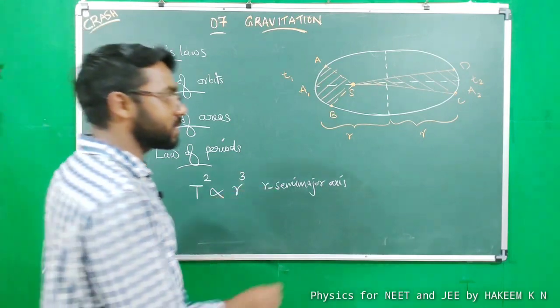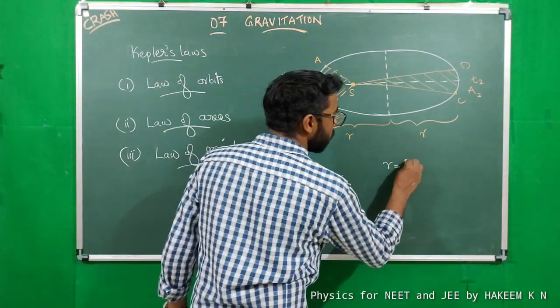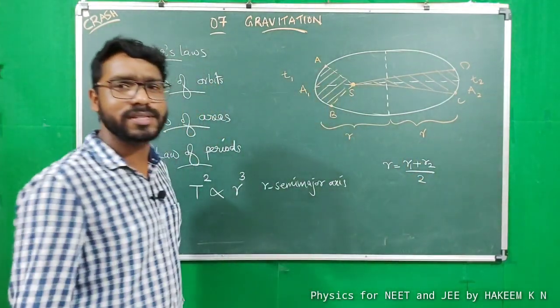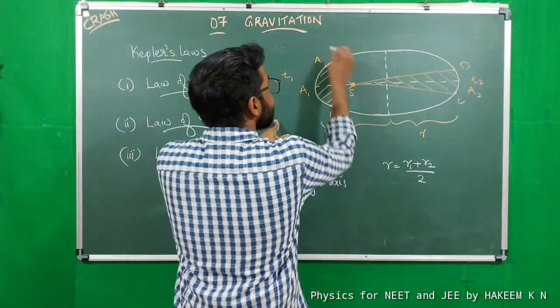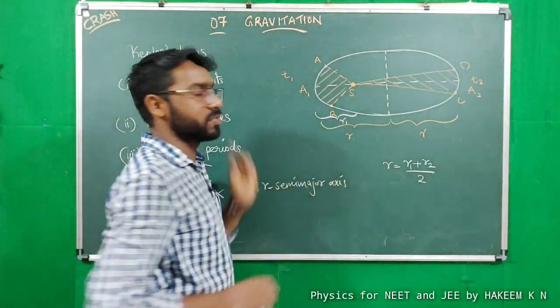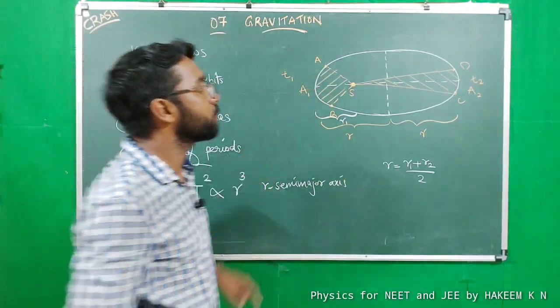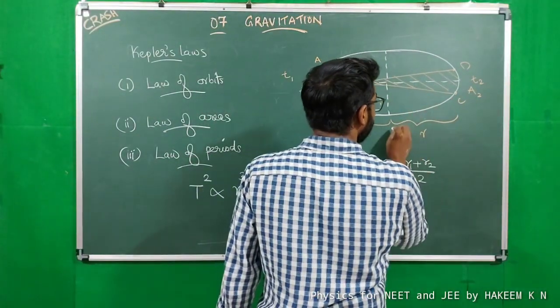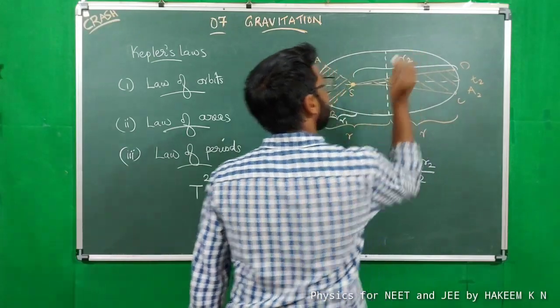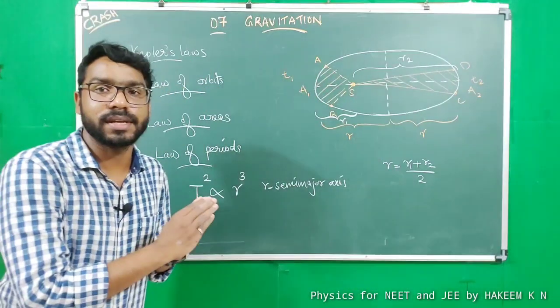This semi-major axis is found using R equal to R1 plus R2 by 2. What is R1? R1 means distance to perigee, and R2 equals distance to apogee, from the sun.